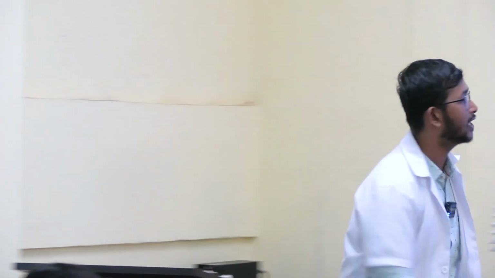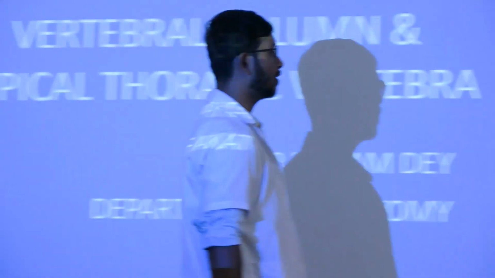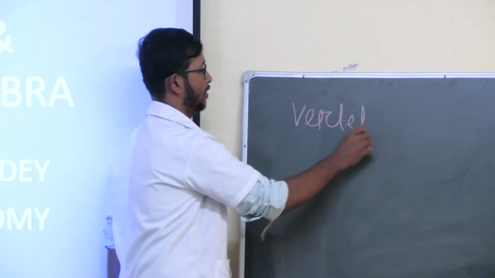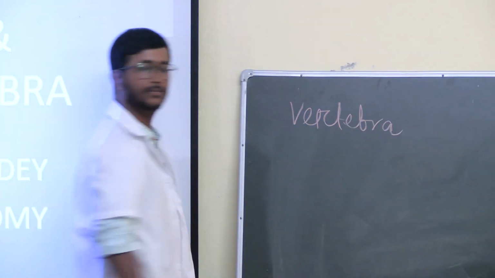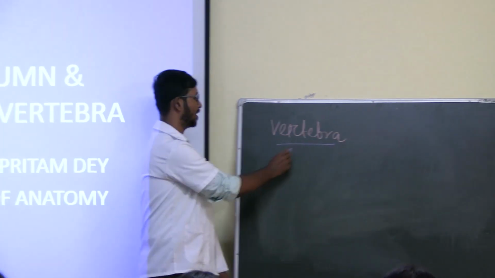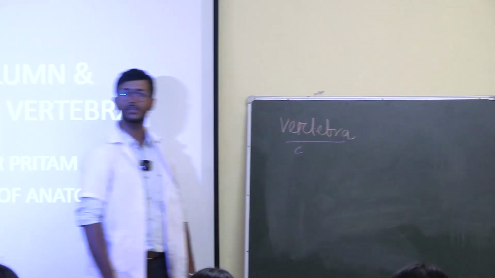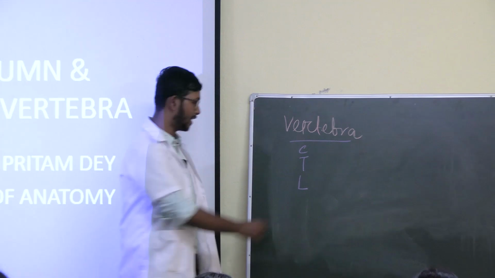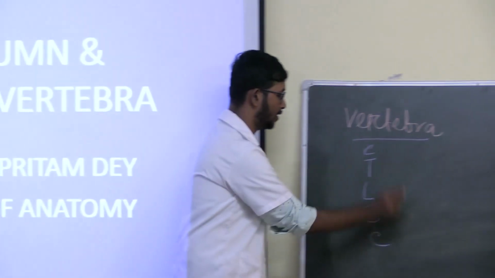So how many vertebrae are there in our body? Not 12, 12 is thoracic only. Vertebrae are divided into cervical, thoracic, lumbar, sacrum, and coccyx.